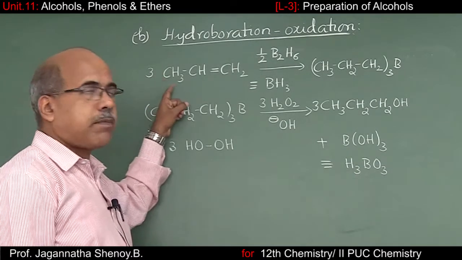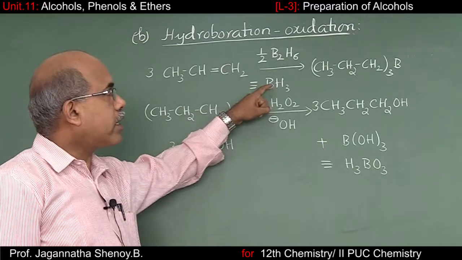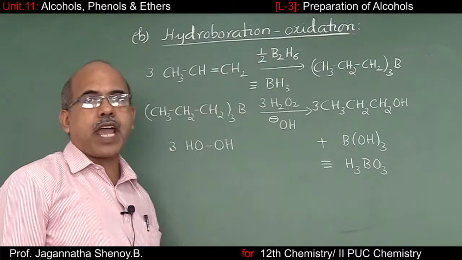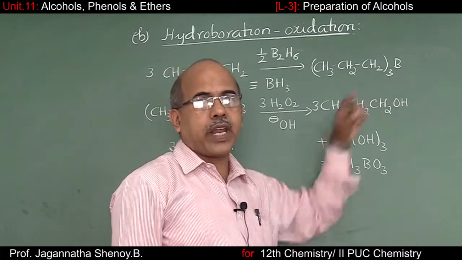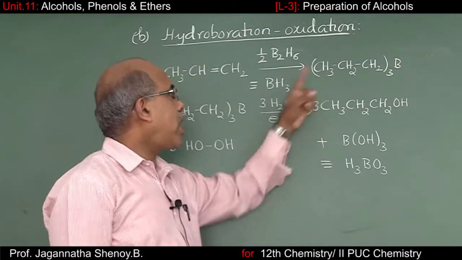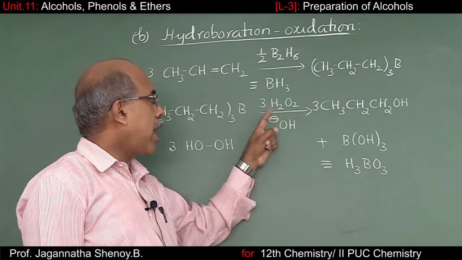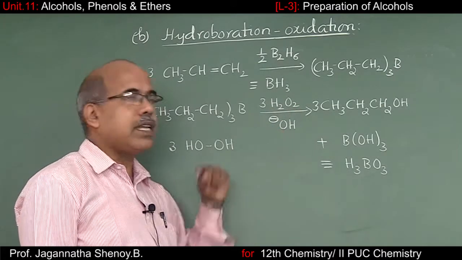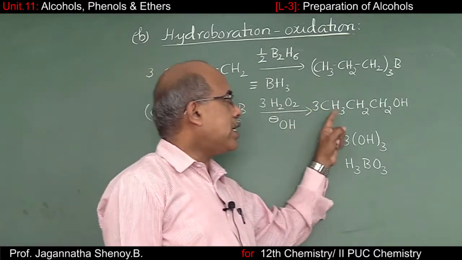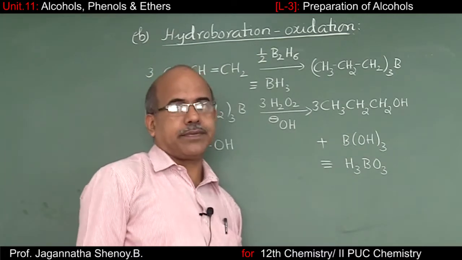In the first step, 3 molecules of alkene react with half a mole of diborane to give a trialkyl borane, and this trialkyl borane undergoes oxidation in presence of hydrogen peroxide in alkaline medium, giving you N-propyl alcohol and orthoboric acid.